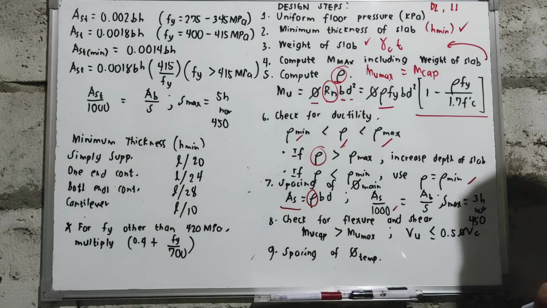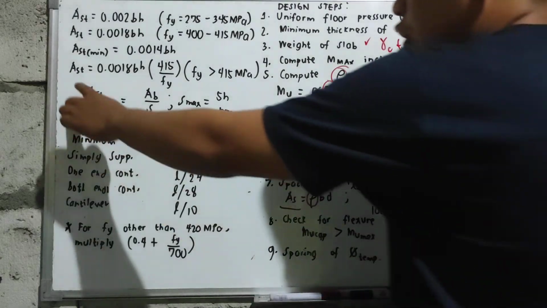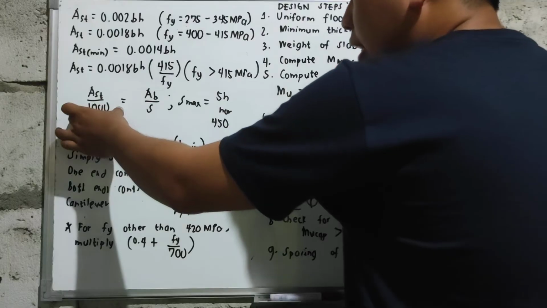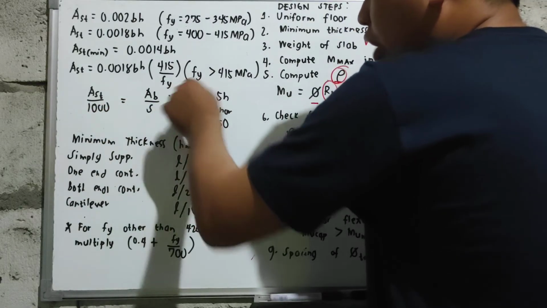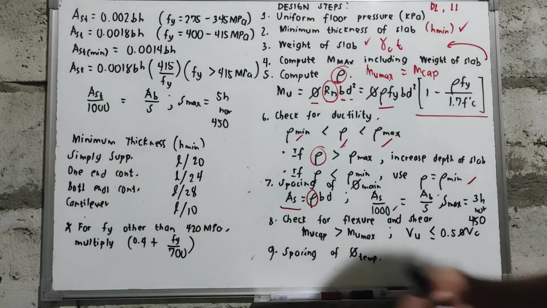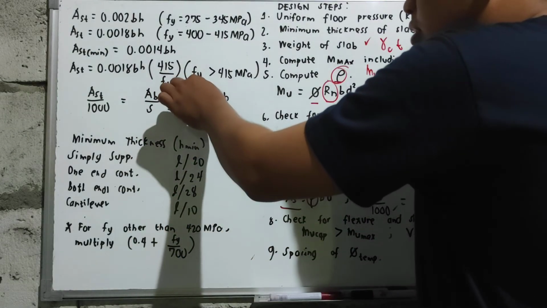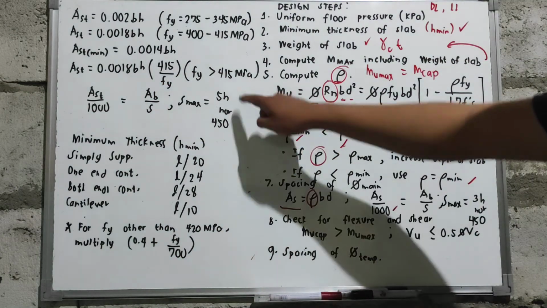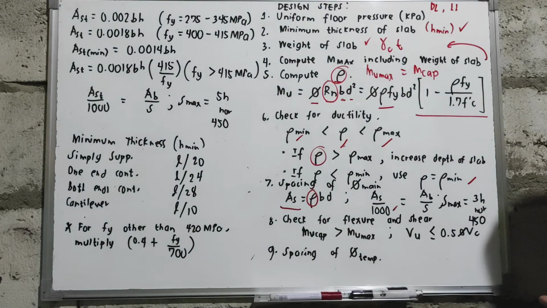And para makuha natin yung spacing, gagamit lang tayo ng ratio and proportion. Yung total area ng bakal na merong 1,000 mm is equals to yung area ng isang bakal over yung spacing. And then, solve lang. Makukuha natin yung spacing and i-compare natin yan to the value ng S-max natin, which is equal to 5h, or i-multiply natin by 5 yung thickness ng slab natin, or 450 mm.